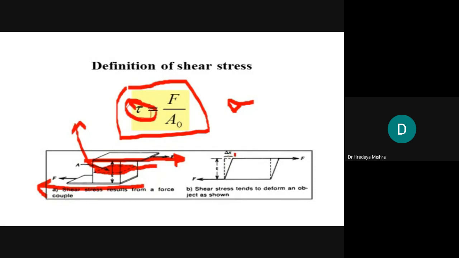See what happens? Delta x is here, so the angle is the same. If L is this and delta x is there, then when we talk about this, it is not a length, it is not compressed or elongated.